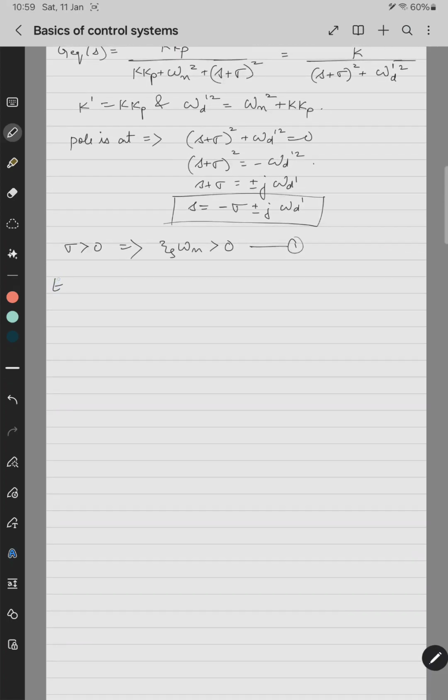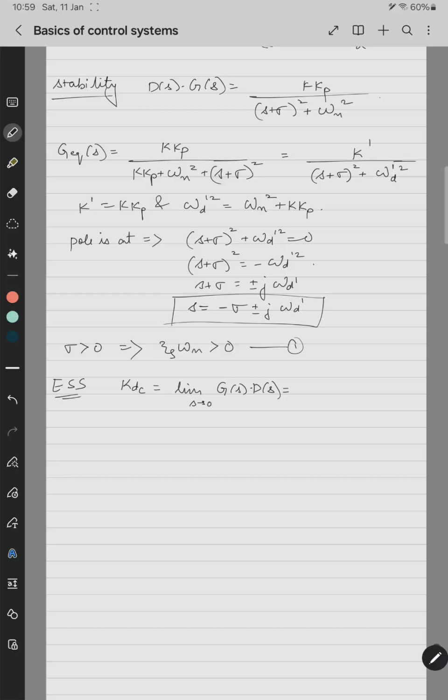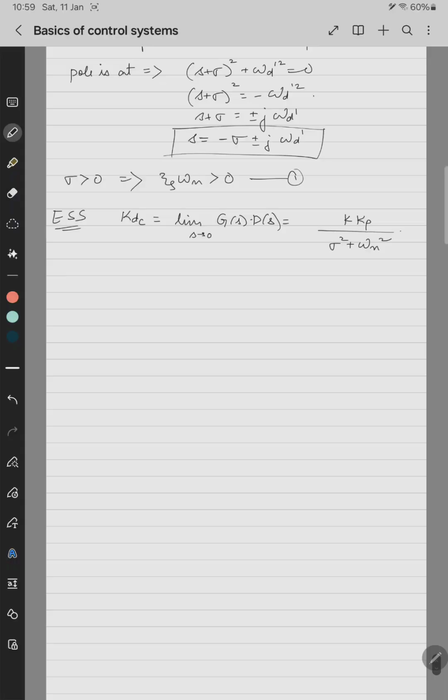Then for steady state error, first we'll find the DC gain. DC gain is the limit as s tends to 0 of G of S into D of S. I'll directly write K Kp by sigma square plus omega n square. This is the DC gain.